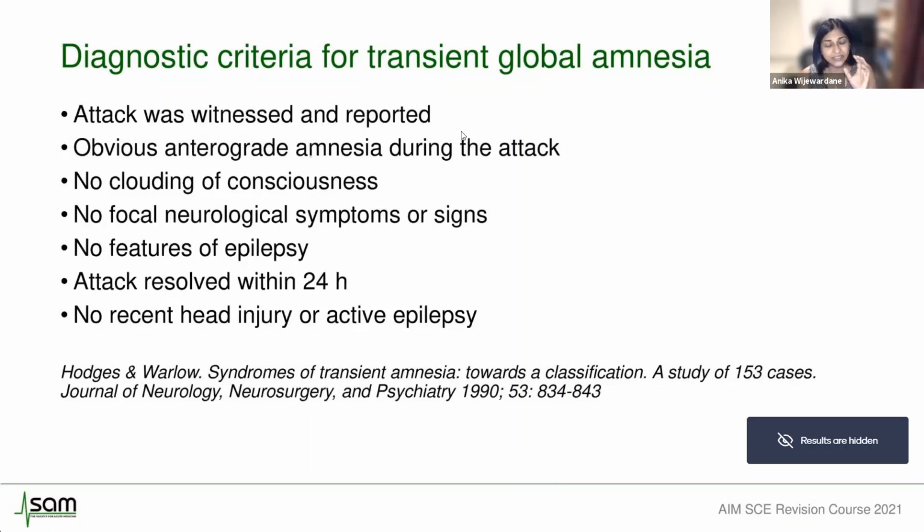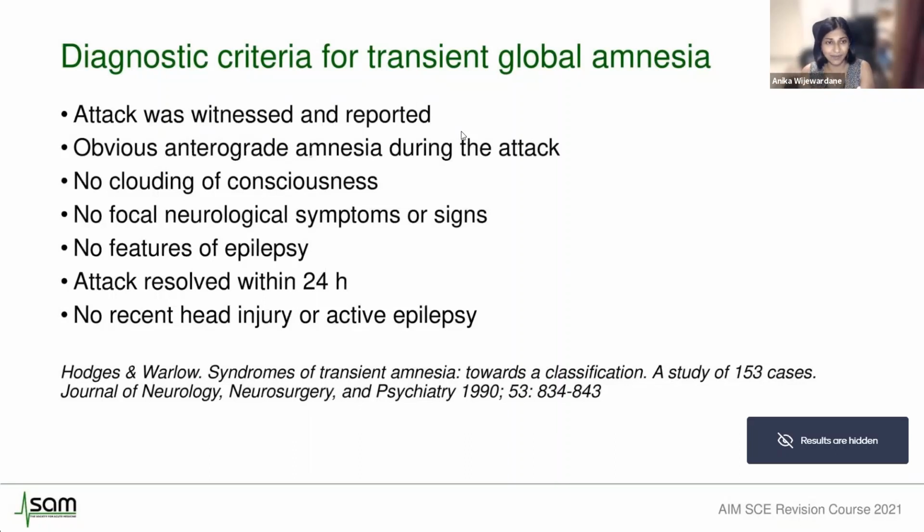Radiologically, the hypothesis around etiology of TGA is ischemia to hippocampal, mesotemporal structures of the brain, which are responsible for storing and creating memories. And studies have shown, mostly between day 7 and 14 after the event, restricted diffusion in these areas.